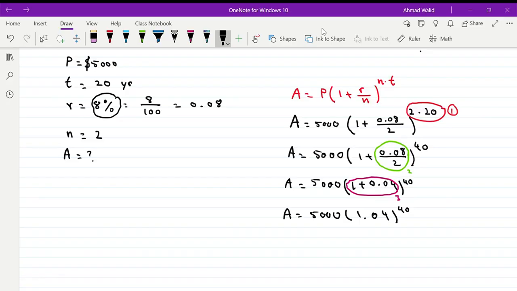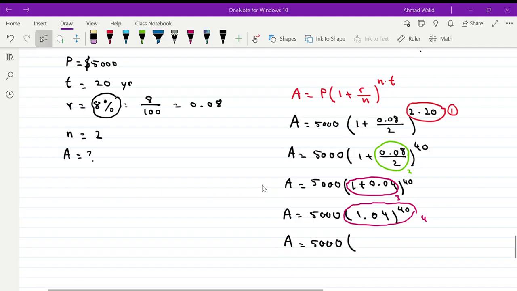Correct? Now, step 4, raise this number first to the power. That's your step 4, correct? Then you can say A equals 5,000 times, let's raise this number to the power of 40.